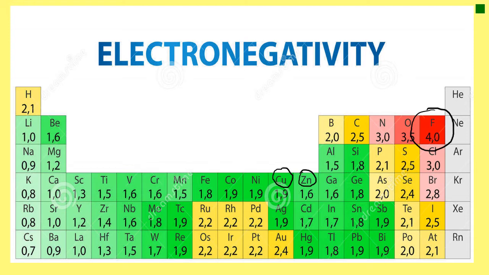Now let's just consider copper and zinc, because they are two metals that are commonly used in cells. Copper has an electronegativity of 1.9 on the Pauling scale, and zinc has an electronegativity of 1.6.